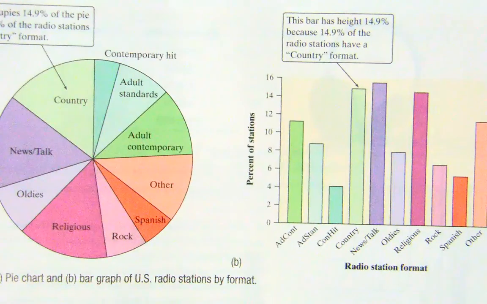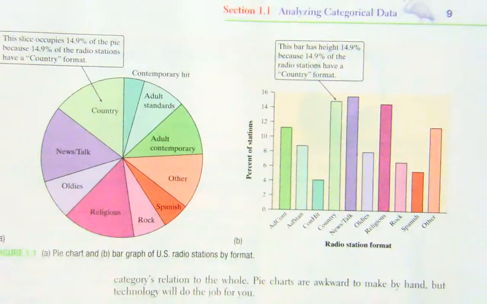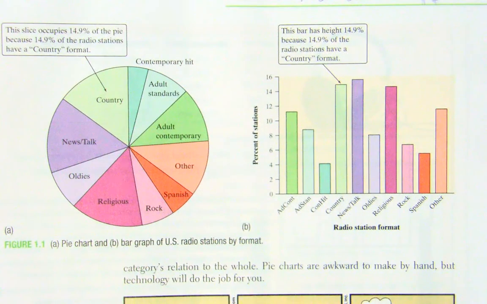I'm going to swoosh over to the book because it's in wonderful colors here. So you have a pie chart, which most of you are familiar with. Now, the problem with a pie chart is sometimes, especially in this case, it's kind of hard to see the difference between, okay, how much is religious format versus country format. I know it looks the same, but if I weren't really sure, it'd be kind of tricky to see.